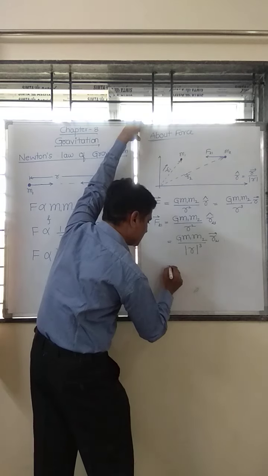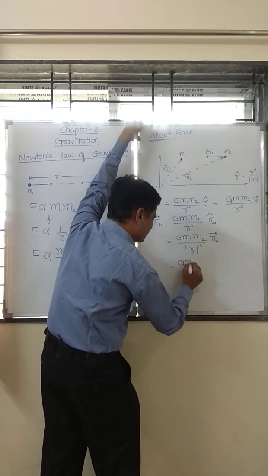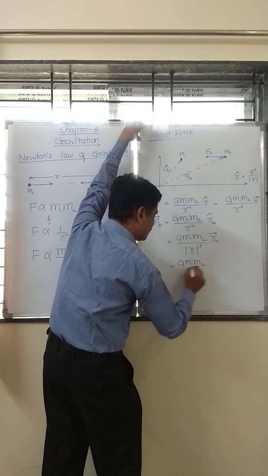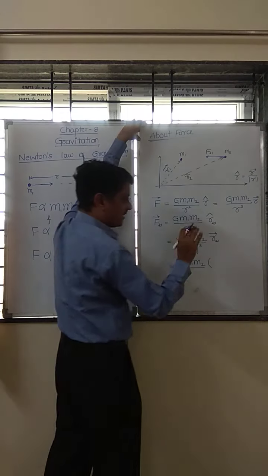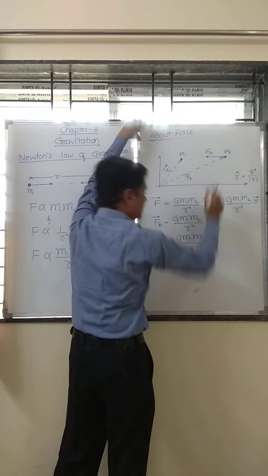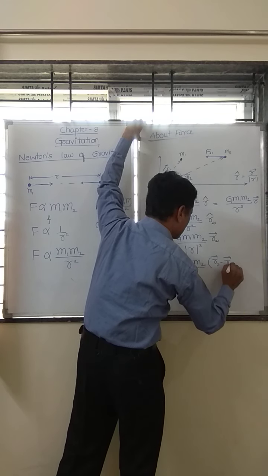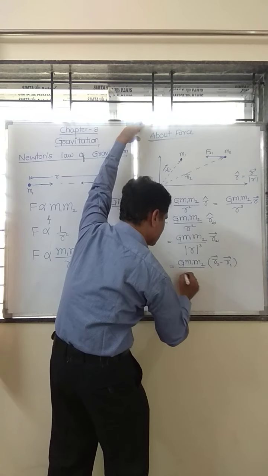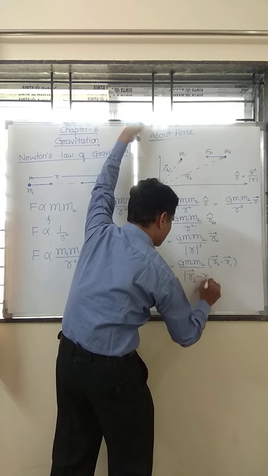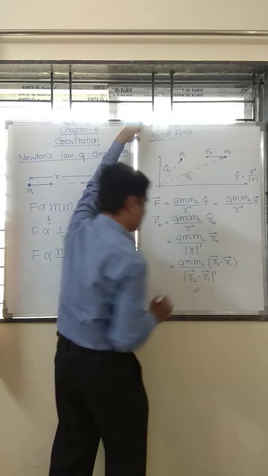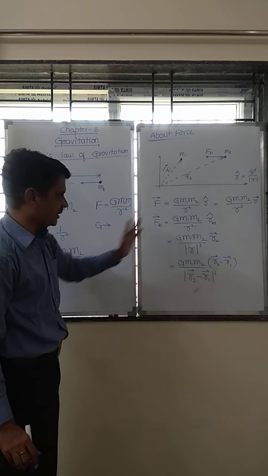This also we have studied in electrostatics: this vector can always be written as final minus initial. The final is vector R2, minus vector R1. Here it is modulus of R2 minus R1 cube. So this is in vector form.